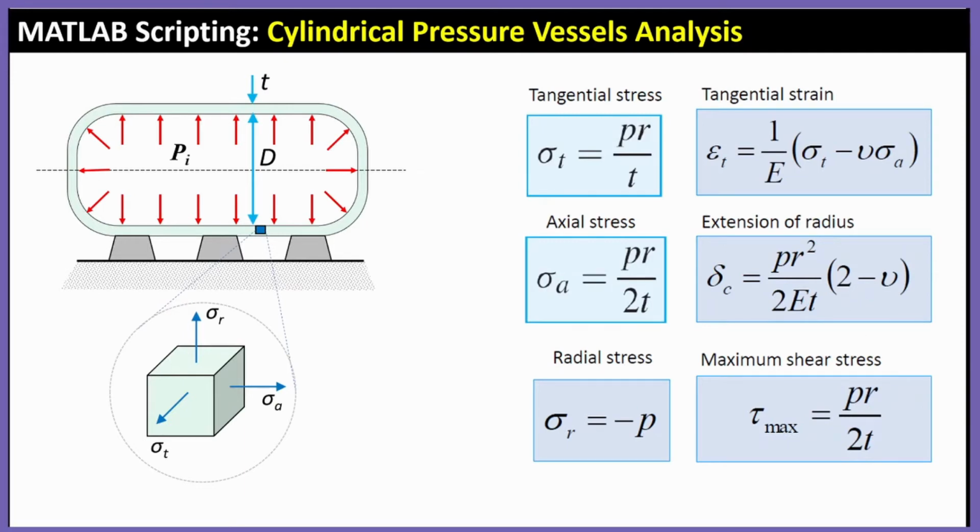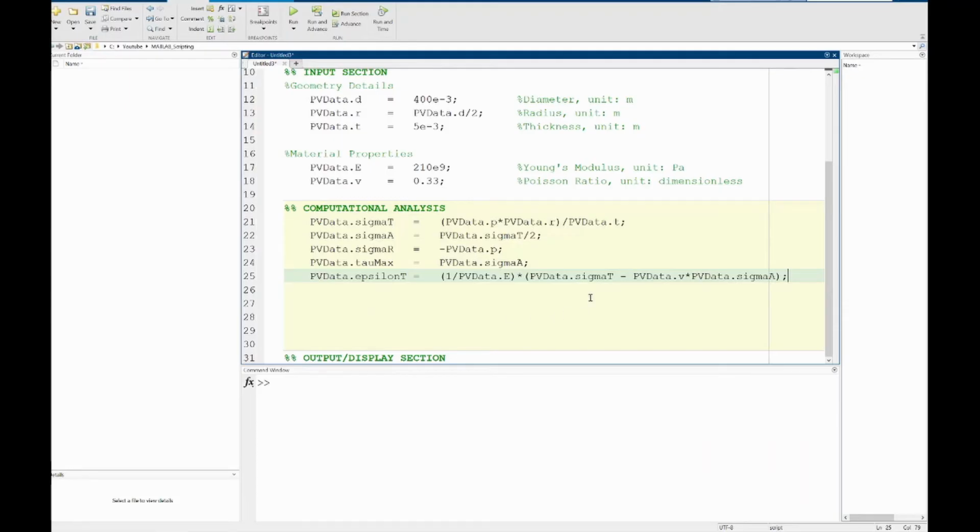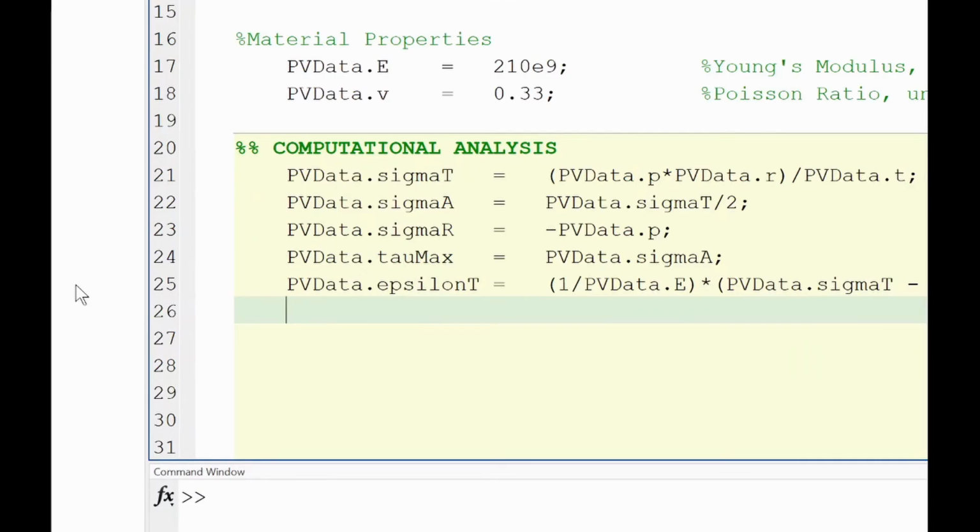So let's go back to MATLAB. Okay, so we've got that done. So the next bit we need to do would be PV data dot lowercase delta c, which is the radial expansion of the cylinder.